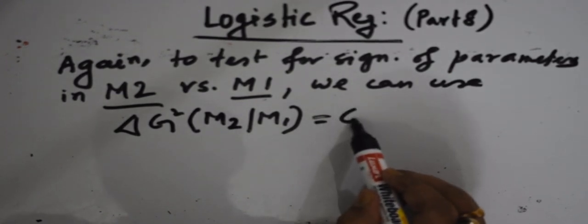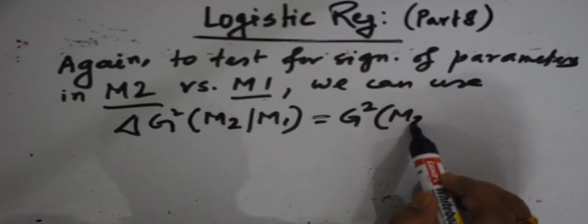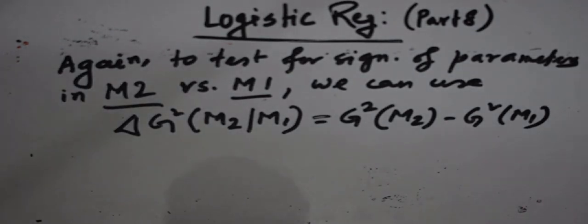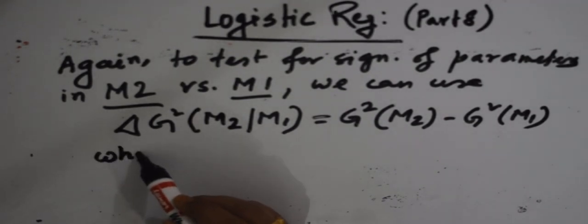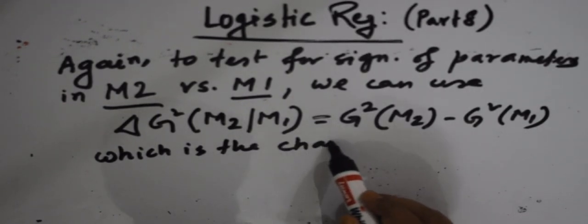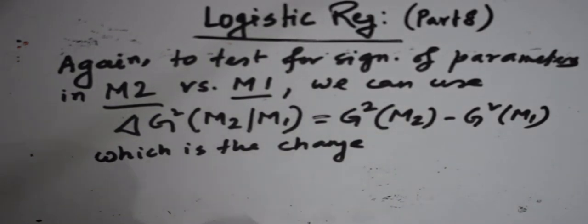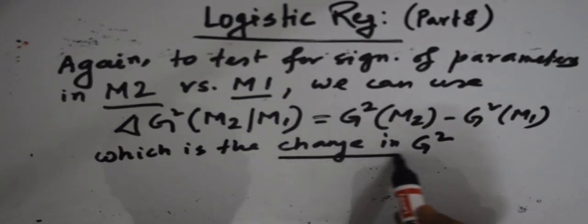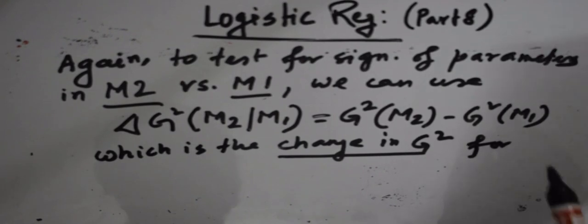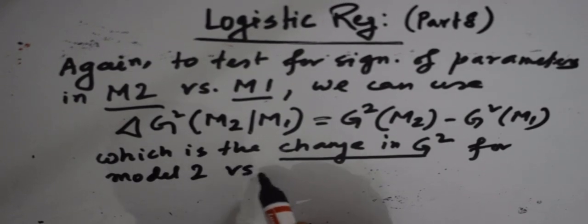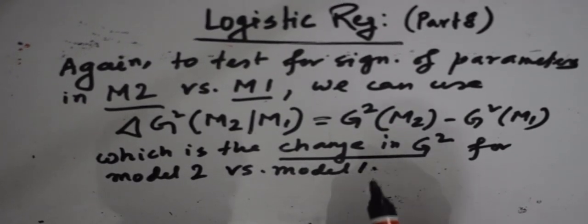This is G square M2 minus G square M1, which is the change in G square for model 2 versus model 1.